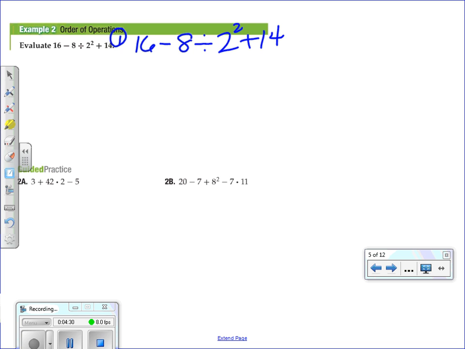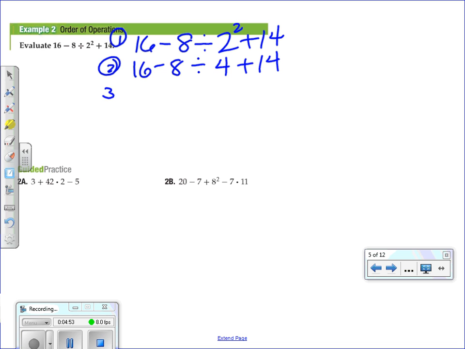Second step: we don't have any grouping symbols, but we do have powers or exponents. Everything else I'm just going to write like it is. 2 to the power of 2, I'm going to calculate, which is 4, plus 14.